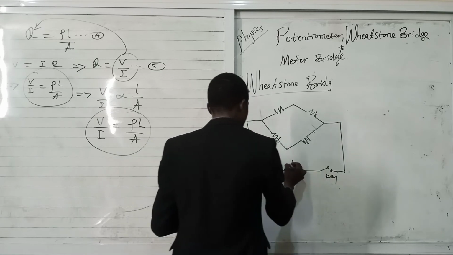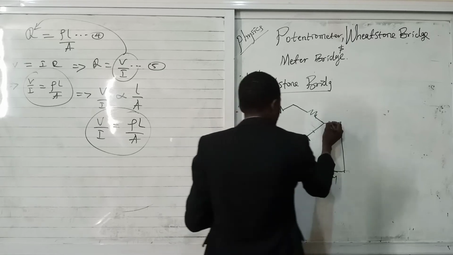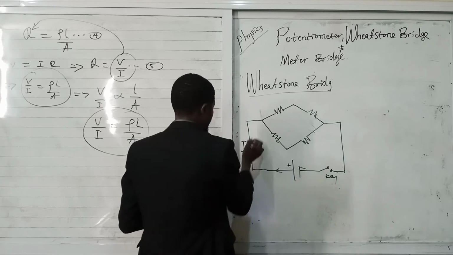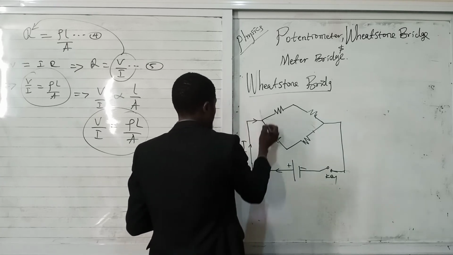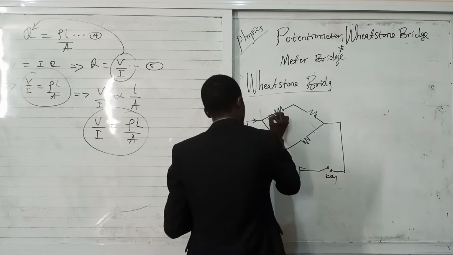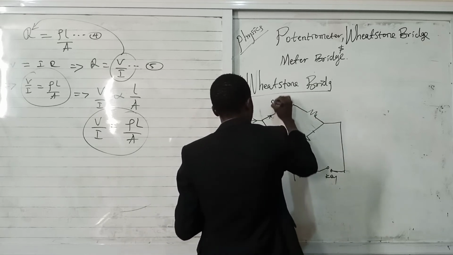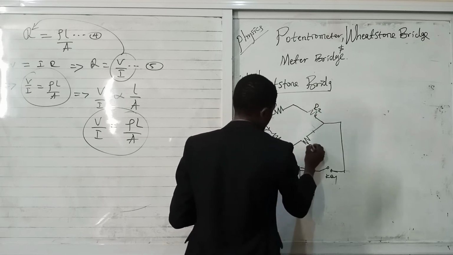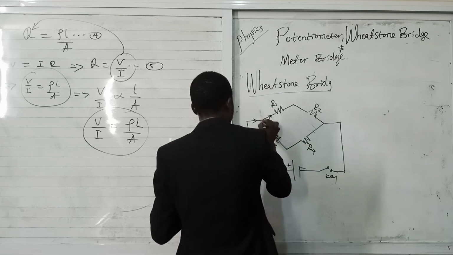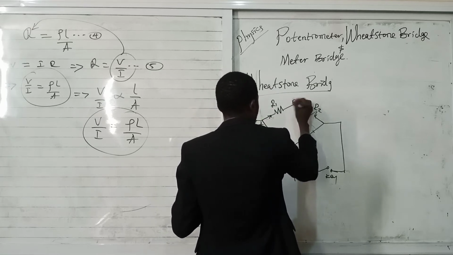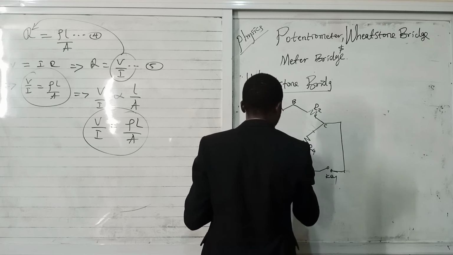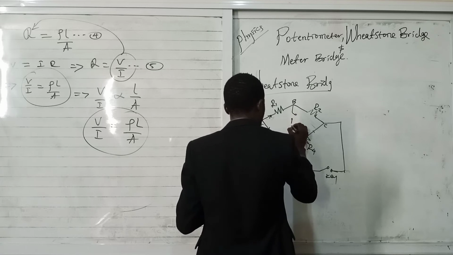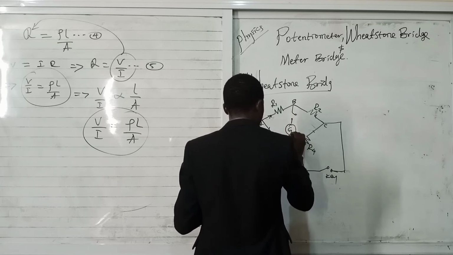So this is the plus, the negative, the current will come in here. This is your I from Kirchhoff's law. This is your R1, this is your R2, this is your R3, this is your R4. This is A, B, C, and D. Another key is connected here with a galvanometer at the center.